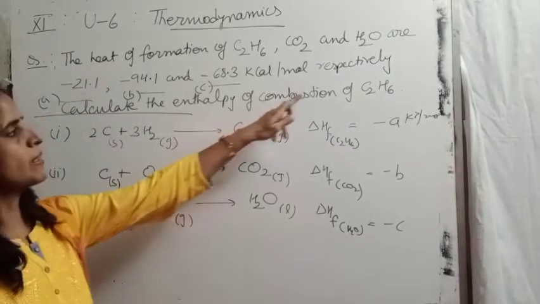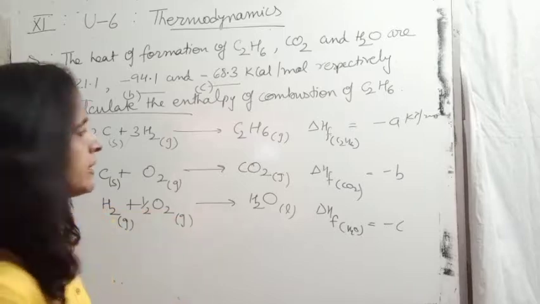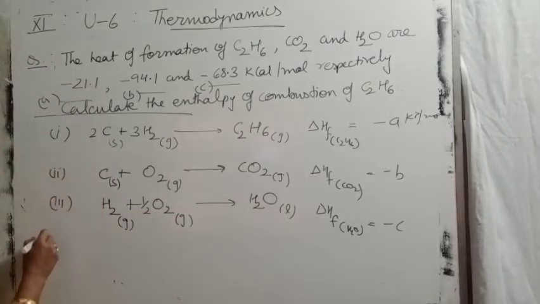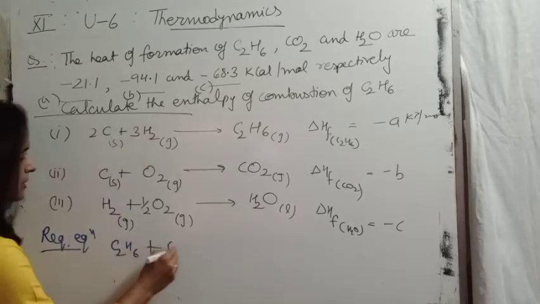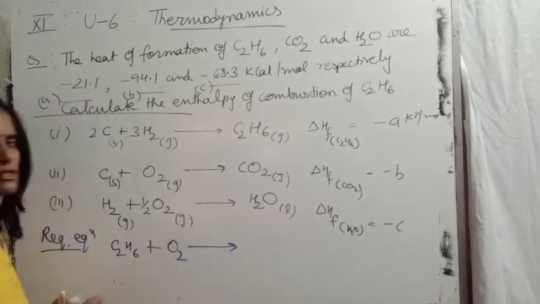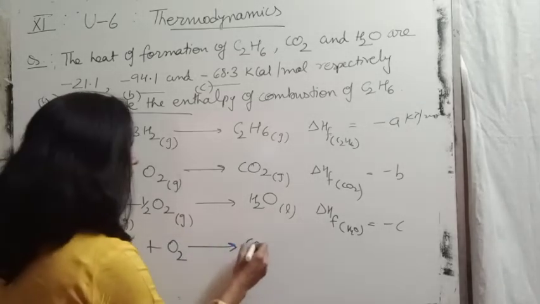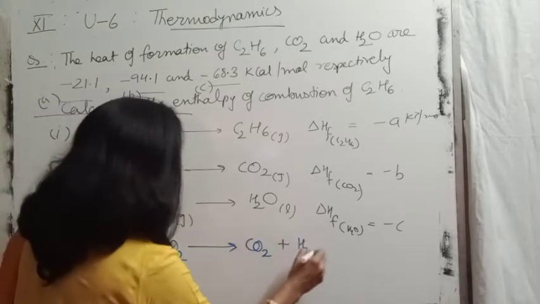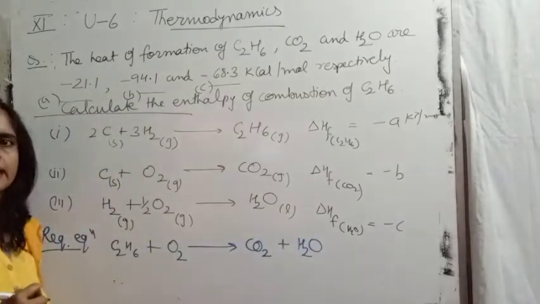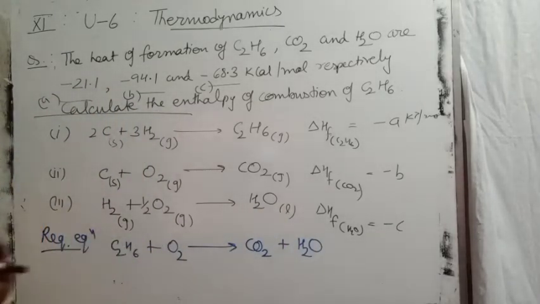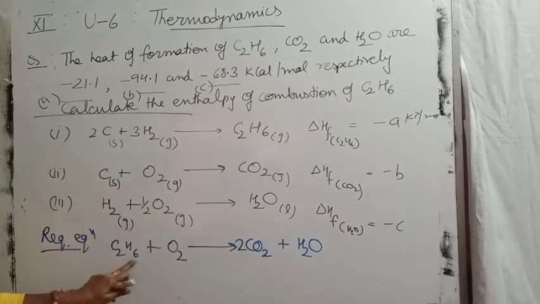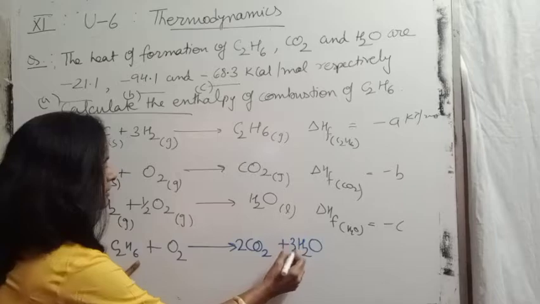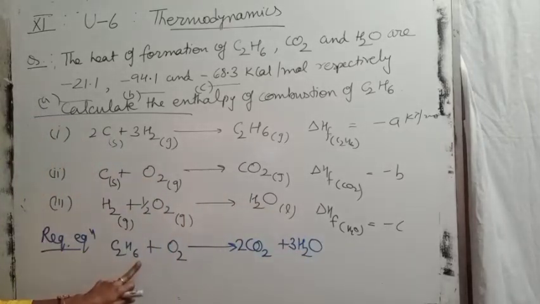So as this is combustion of ethane, we write the equation for combustion of ethane. Now our required equation will be ethane with oxygen, and we know all hydrocarbons on complete combustion give CO2 and water. After writing the chemical change, again we will be balancing this equation. 2 carbon, multiply this by 3, hydrogen is balanced.